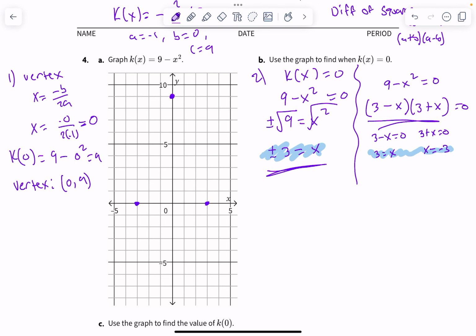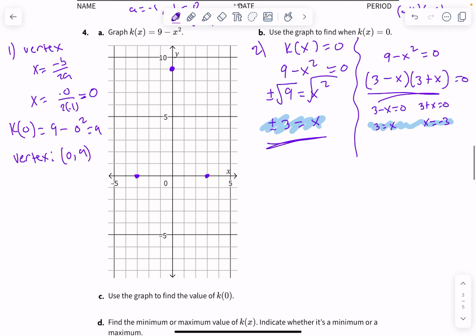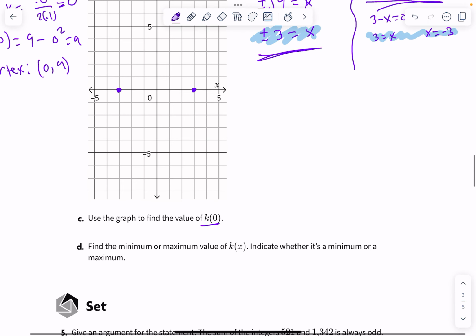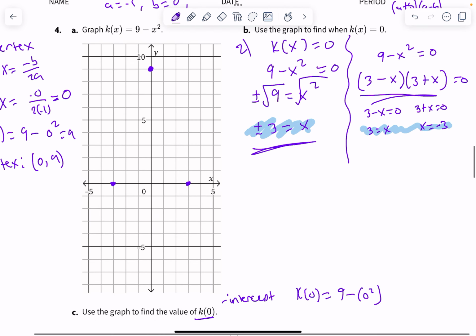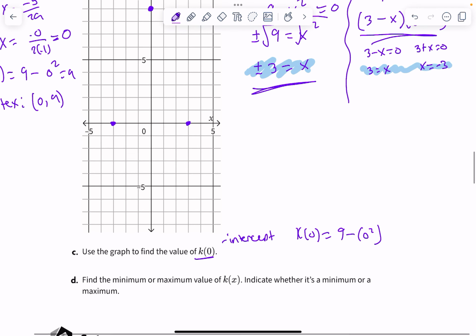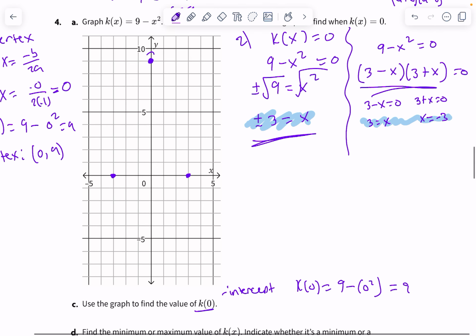Let's call that step 2. And step 3 was to find my intercept. So the value of k equals 0. This is my intercept. So then k of 0 is equal to 9 minus 0 squared. So that's also equal to what? 9. So then here, this is my vertex. That means this is the what? The highest it can ever go.